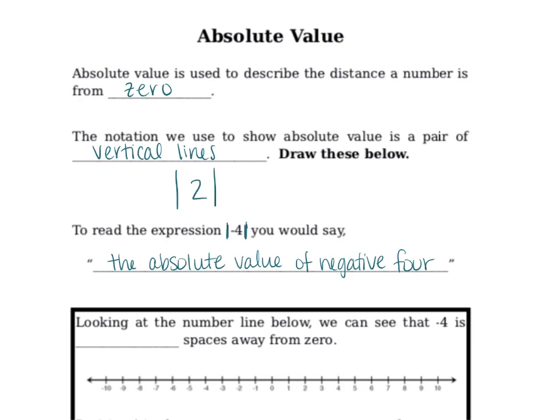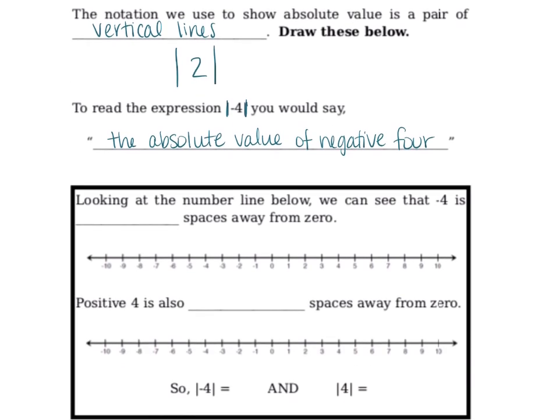So again, absolute value is the distance from 0. We use vertical lines to show it, like the absolute value of 2, and then we would read that expression as the absolute value of -4.